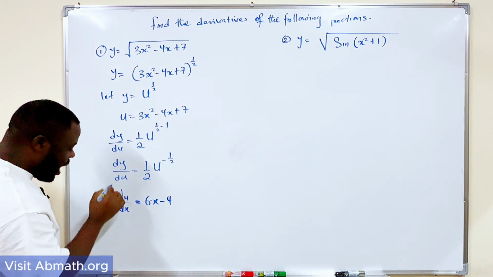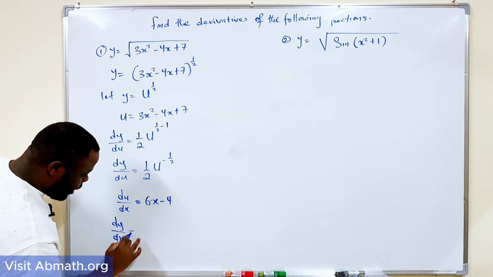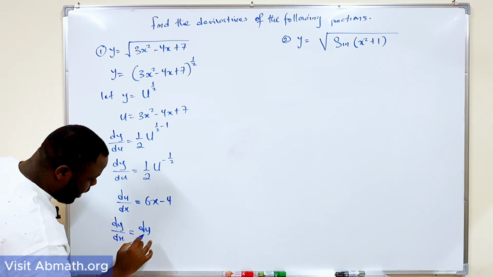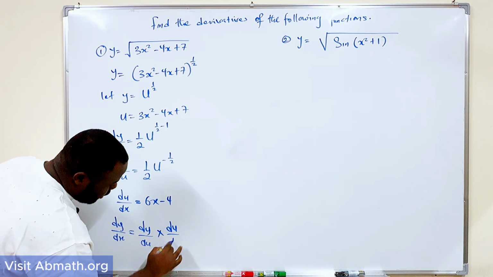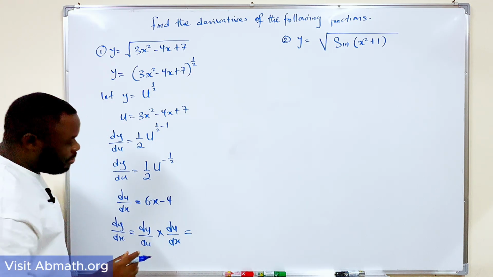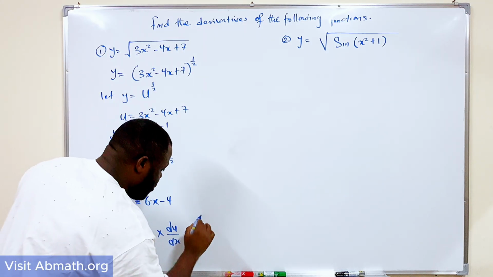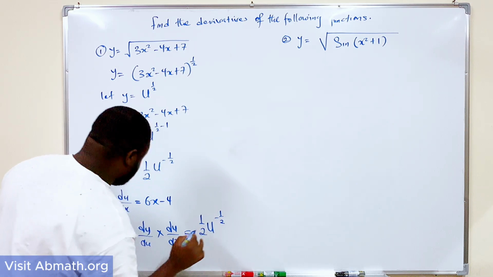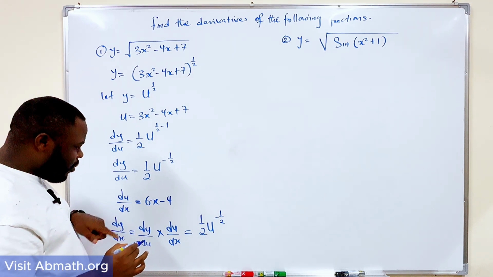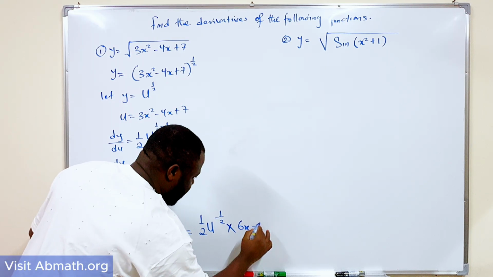Now, to apply our chain rule, dy/dx equals dy/du multiplied by du/dx. What this simply means is that we have to use this to multiply this. That will give us 1 over 2u raised to power negative 1 over 2, then multiplied by 6x minus 4.